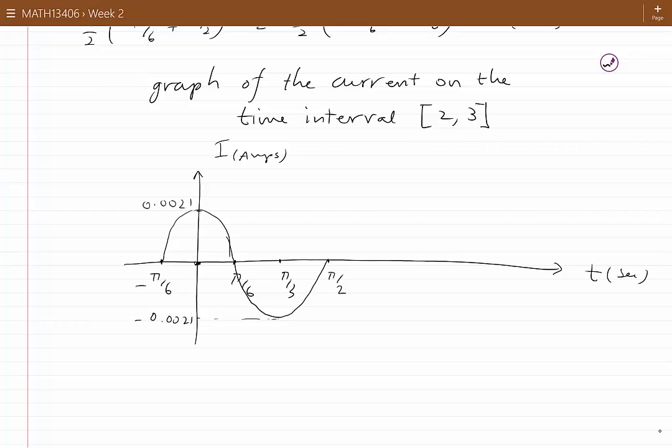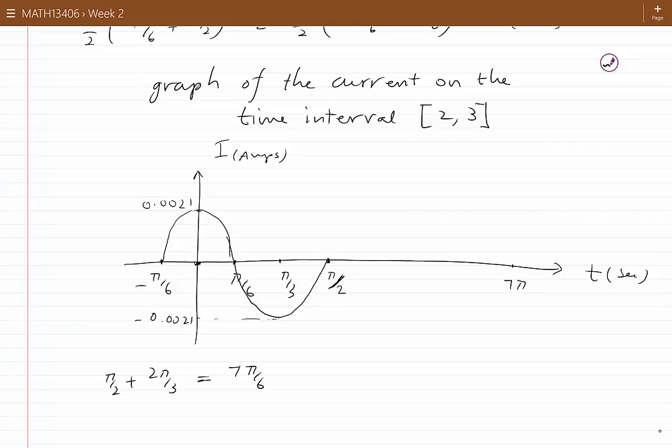Now to continue this graph, I would add again one full period to pi by 2, pi by 2 plus the period, which is 2 pi by 3, and that becomes 7 pi by 6. So let's say one full period, 7 pi by 6.